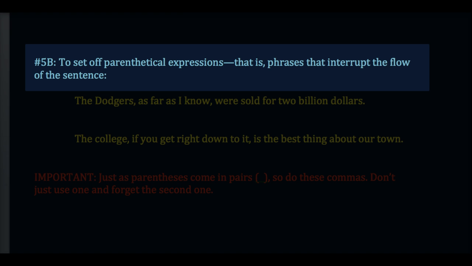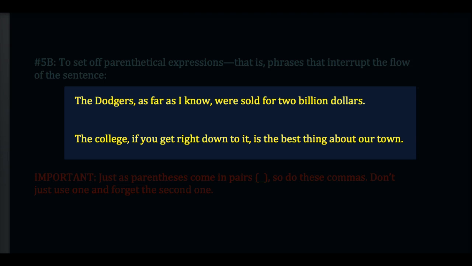You also use a comma to set off parenthetical expressions, that is, phrases that interrupt the flow of the sentence. The Dodgers, as far as I know, were sold for $2 billion. The college, if you get right down to it, is the best thing about our town. Okay, do you hear it? It's a parenthetical thought. It's an aside. It's not crucial.